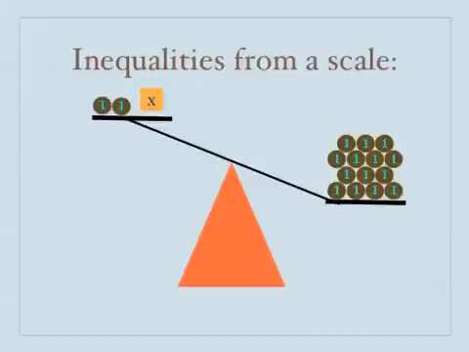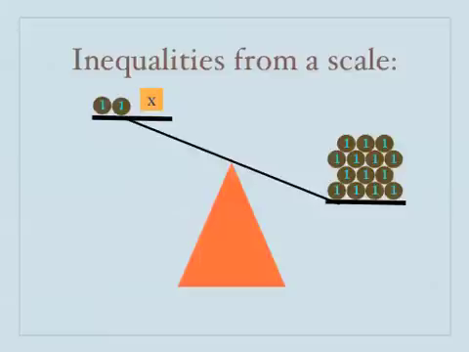These next two examples, we're trying to write inequalities from a scale. Notice I have a scale, and this is more like a balance. If what is on both sides of this scale were equal, we would have a straight across, horizontal line.